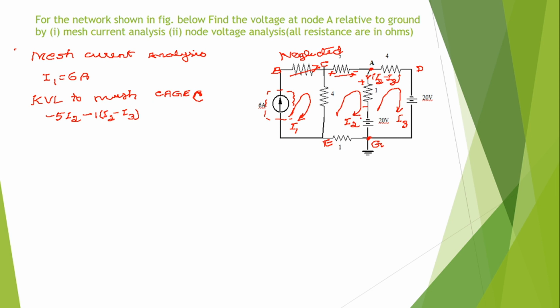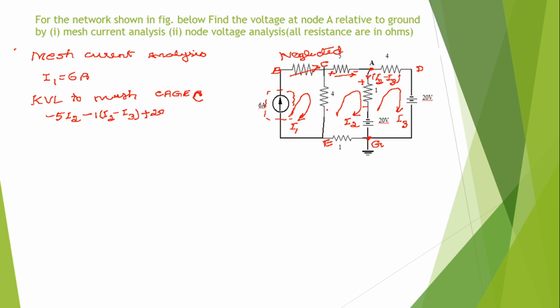Now coming to this source voltage. I am tracing a path from A to G. While tracing the path A to G, the voltage is rising, so it is a plus, and the value is 20.